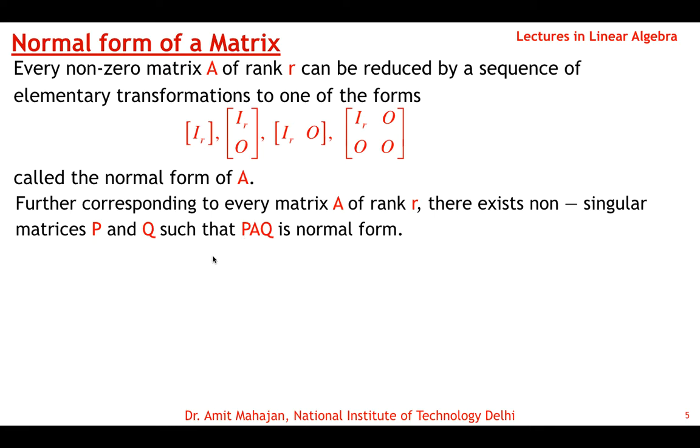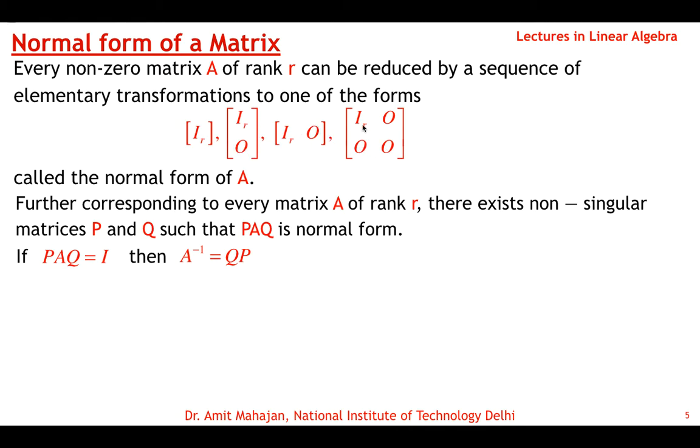If the normal form is the complete identity matrix, this first case, then the matrix A will be invertible. So if PAQ is the identity, then A is invertible, and you can calculate A inverse as the product of Q times P, where Q is the post matrix and P is the pre matrix of A. In any other case the matrix will not be invertible, because you can see there is a zero row or zero column present.